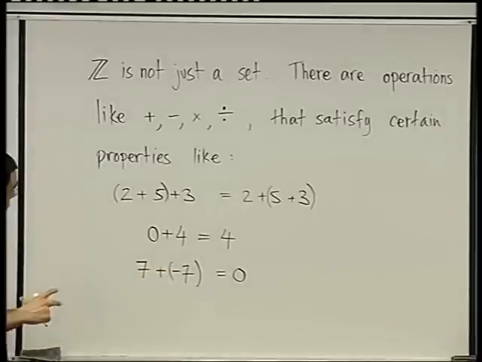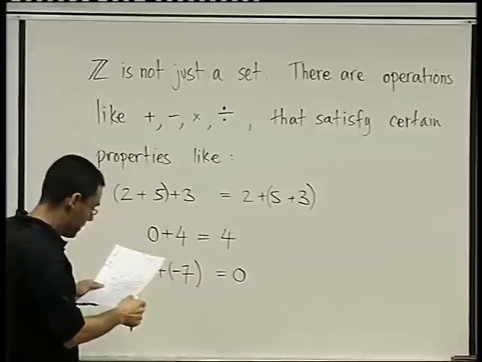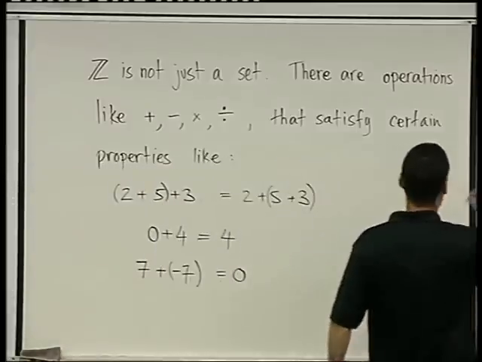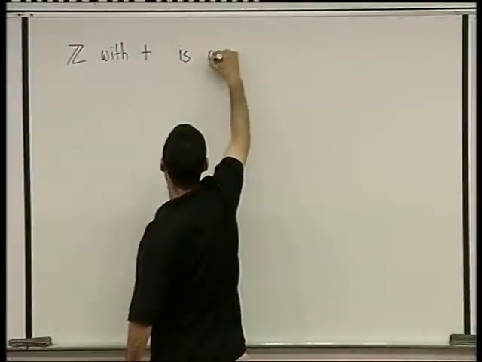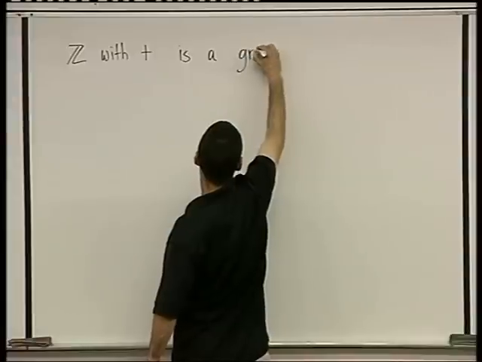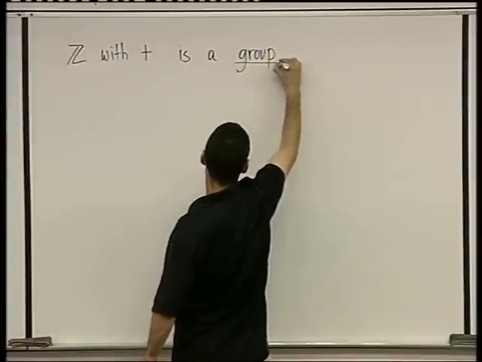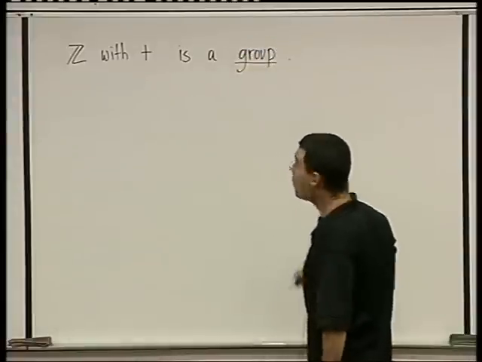So trying to collect these, we get what we call a group. Z with the addition operation is a group. What is a group?